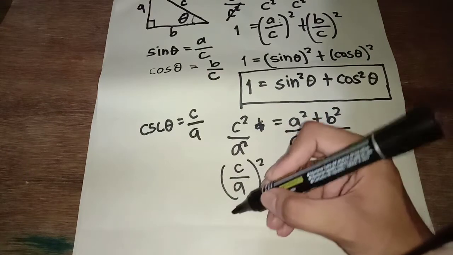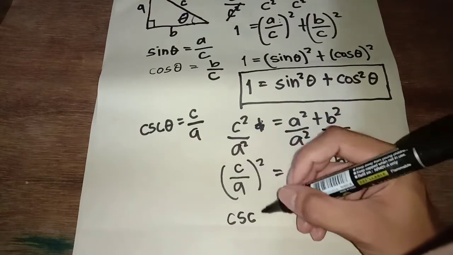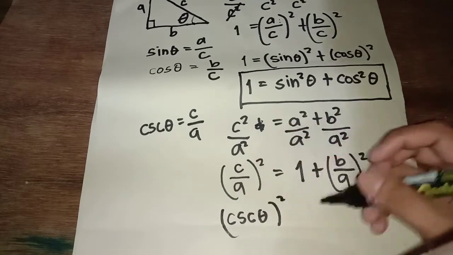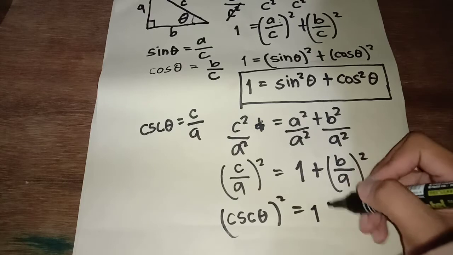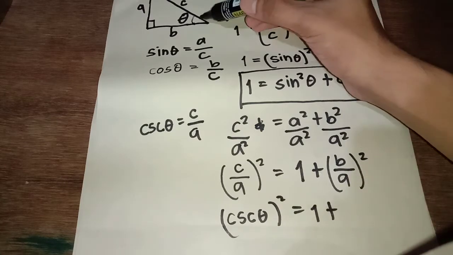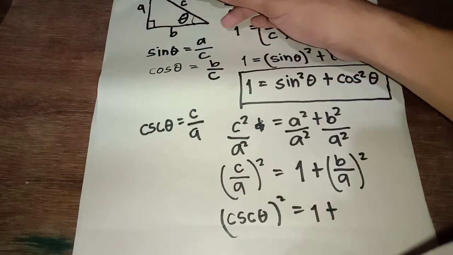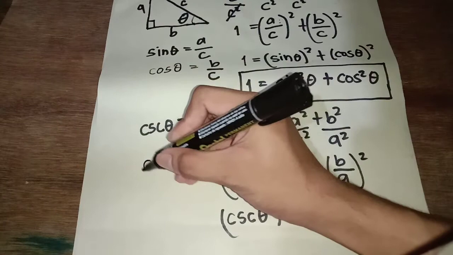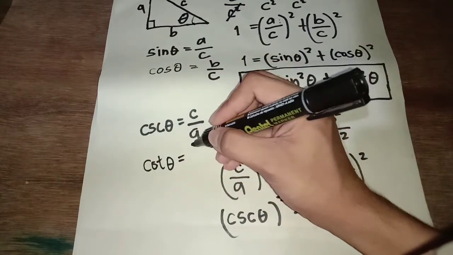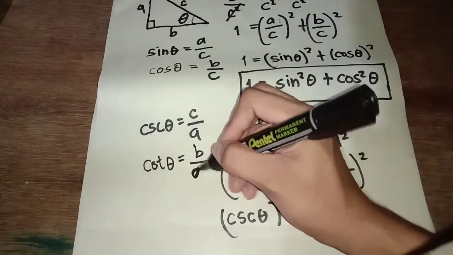Therefore, this is cosecant theta squared is equal to 1 plus, so yung b over a naman, that is the adjacent side over the opposite side, so that is the reciprocal of tangent, which is the cotangent theta, that is adjacent side b over the opposite side a.